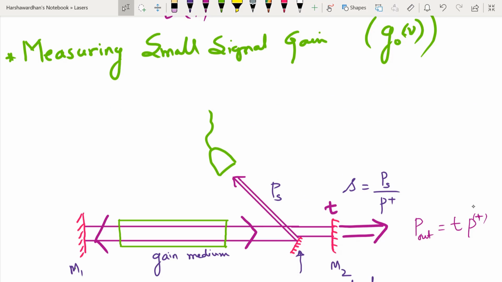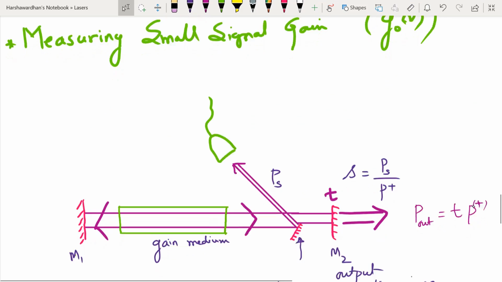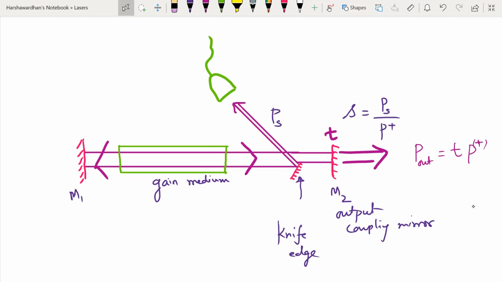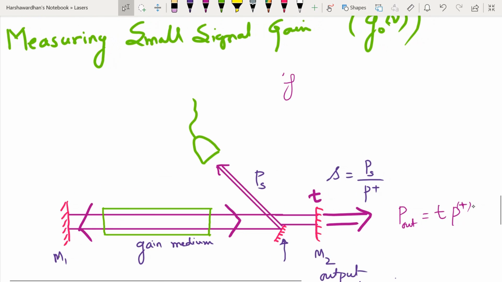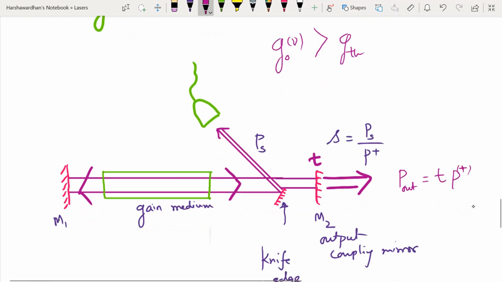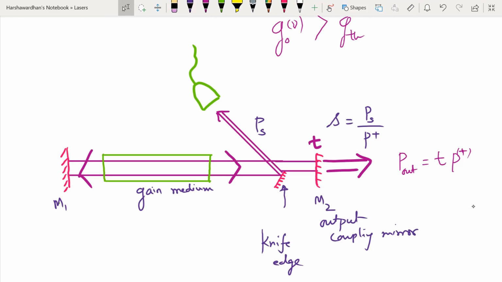So what is going to happen is the following. We know that the lasing is going to occur when the gain is larger than gain threshold, right? So when my small signal gain is larger than gain threshold, you will see that the lasing will happen.